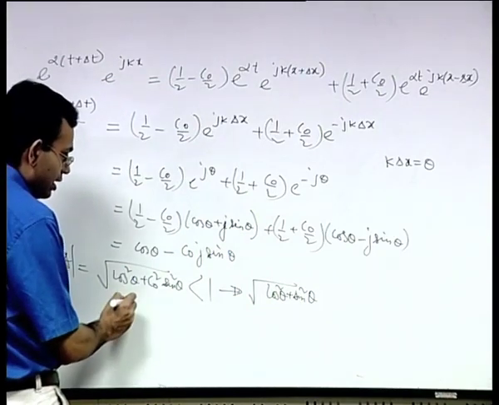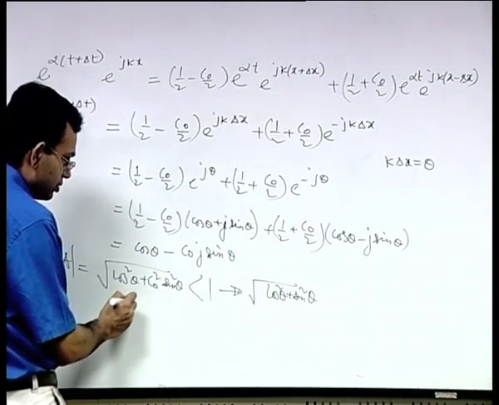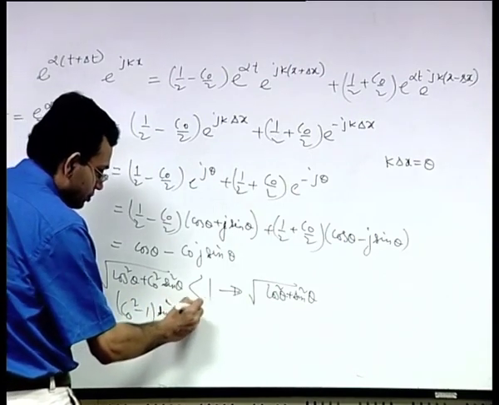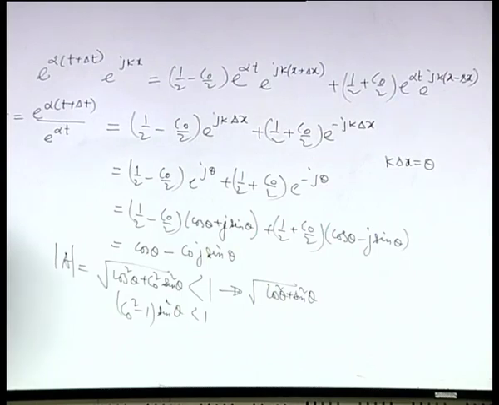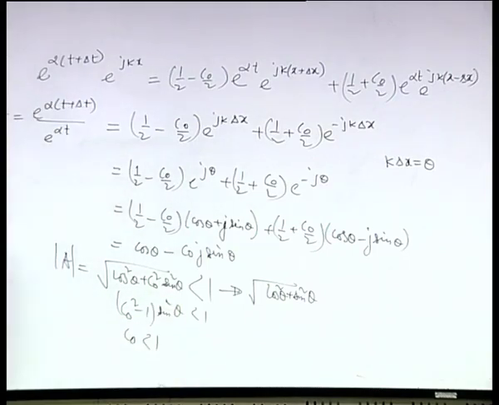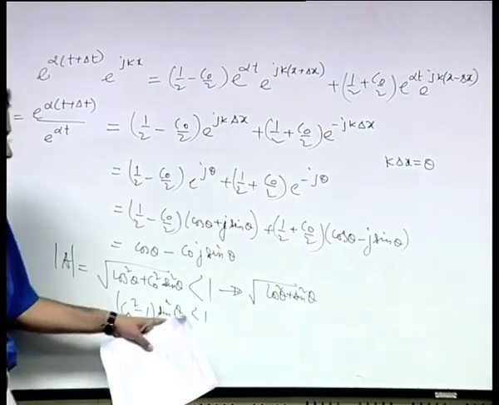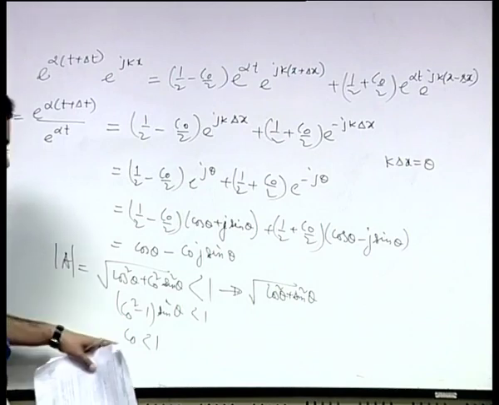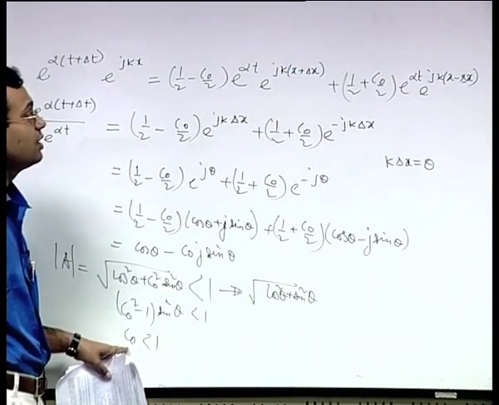So, from here you can write that (Courant number square minus 1) sin square theta must be less than 0. So, that means Courant number must be less than 1 to make this strictly valid for all possible values of sin theta.